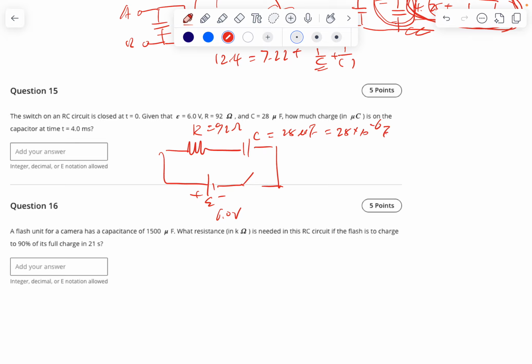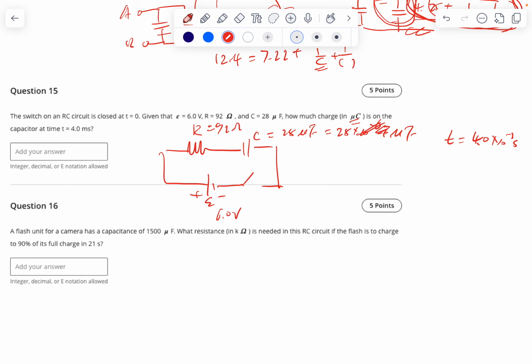How much charge? You're looking for microcoulomb charge, then you don't have to turn to farad, just microfarad. Okay, is on the capacitor at time equal to 4.0 millisecond.